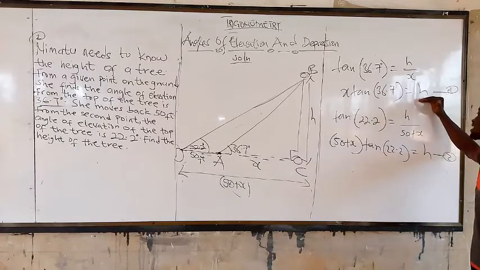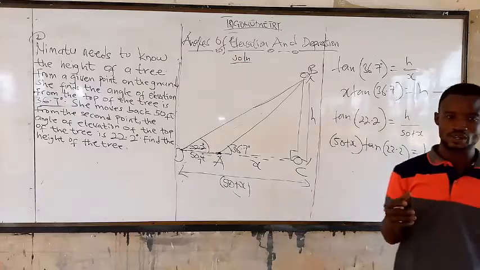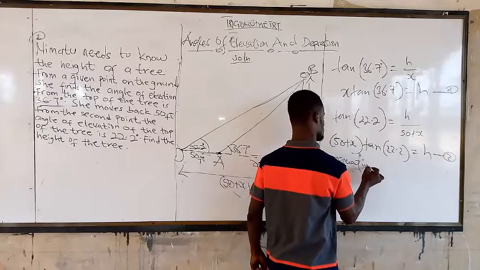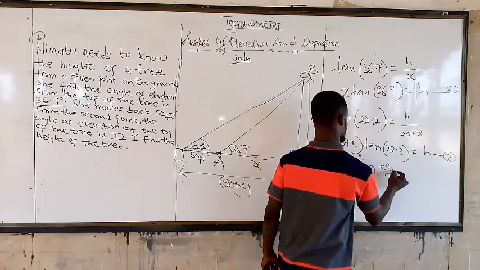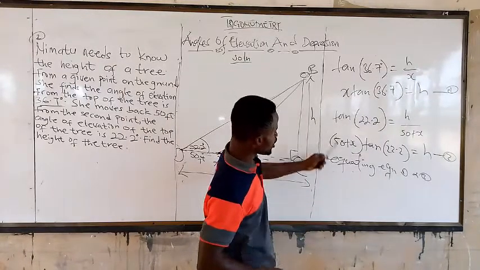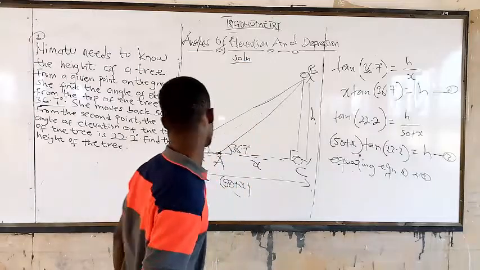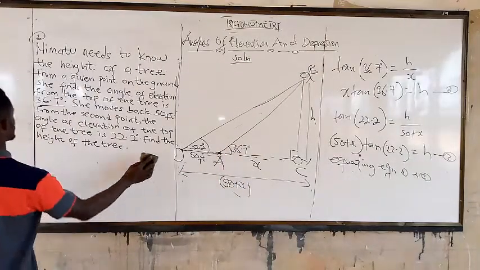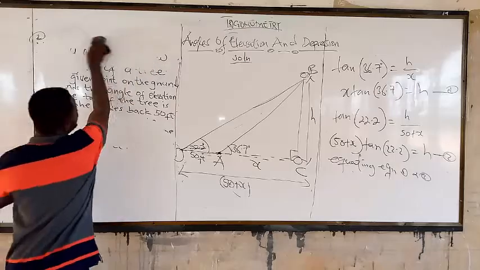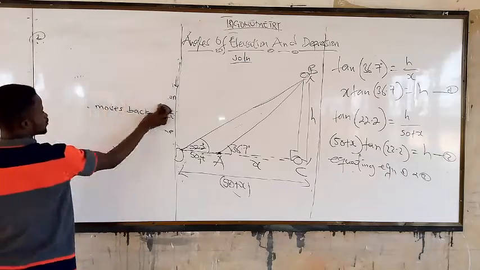The height here is the same as the height here, so we can equate equation 1 and 2. So by equating equation 1 and 2, we are going to have, when we equate equation 1 and 2, we can now clean the equation, because we know that we are finding the height.